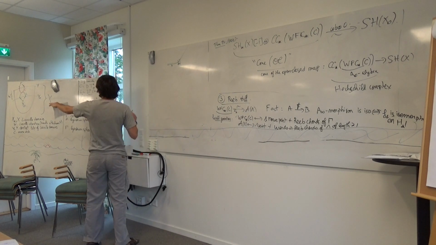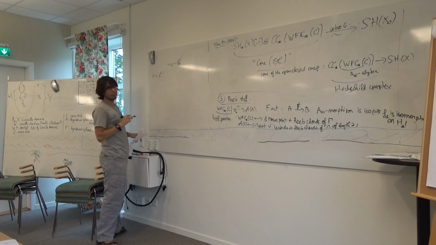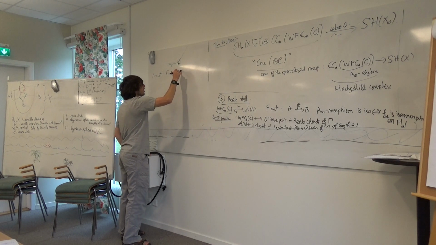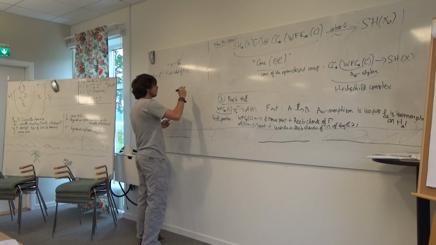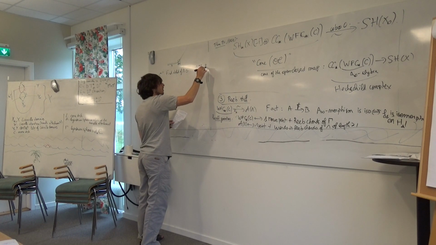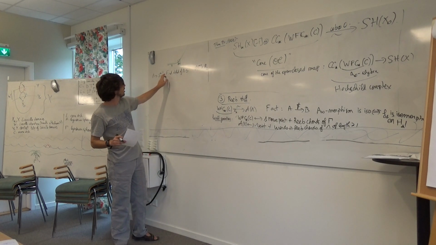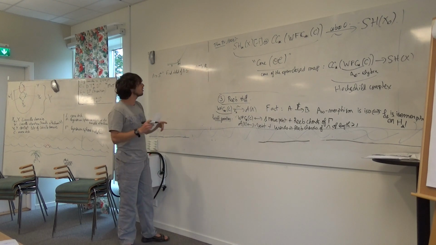Now, how to do a handle attachment. Lambda is a Legendrian sphere, so I can always find a neighborhood of lambda that looks like the one-jet space, T star of the sphere times R. When you have a Legendrian sphere, you can always find a neighborhood that looks like this.